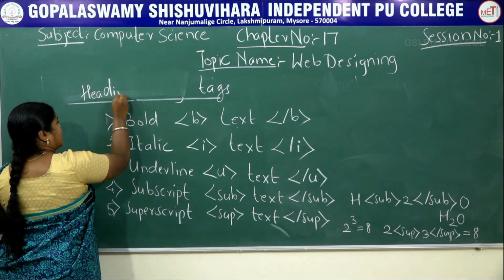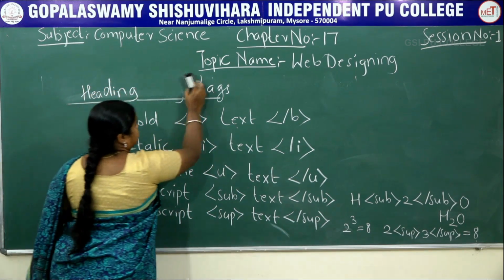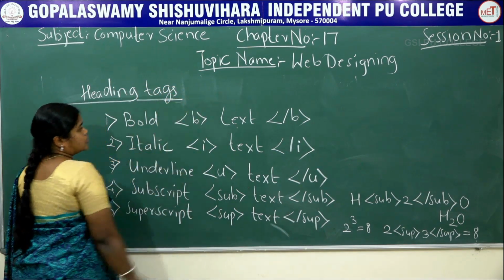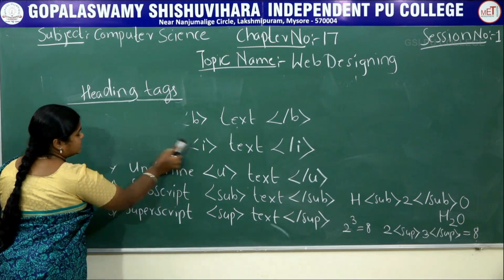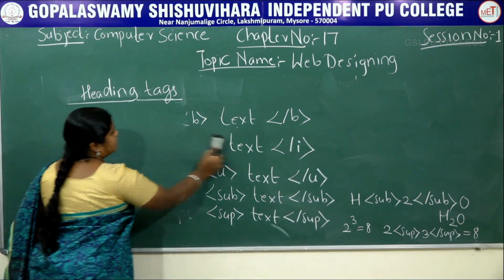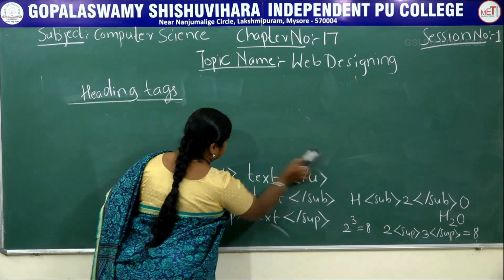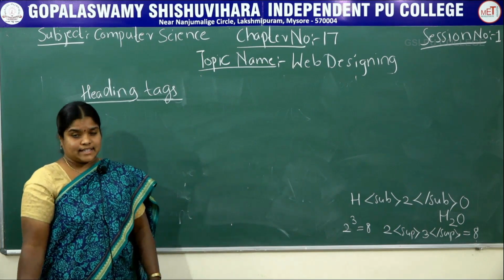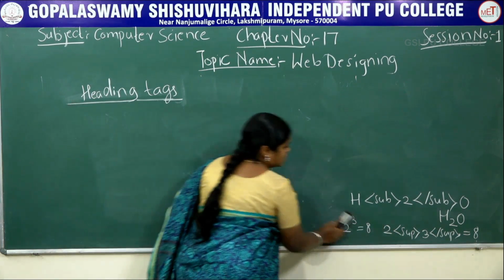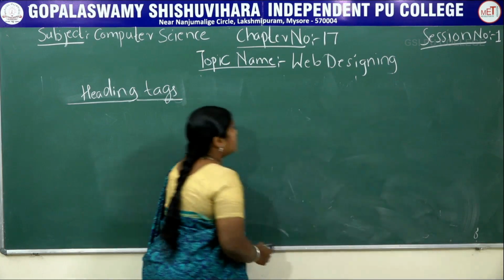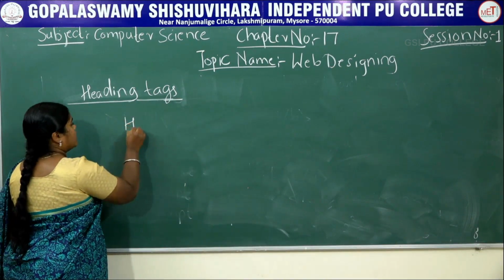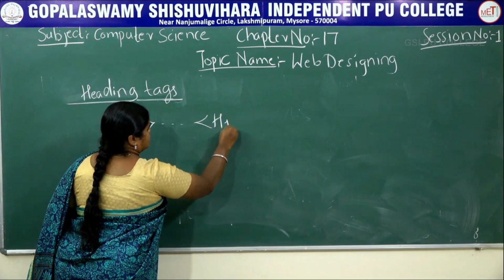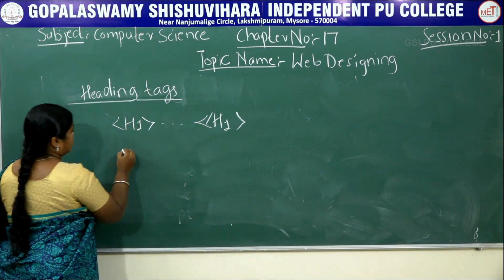Heading tags. In HTML there are some predefined tags available for heading. HTML provides the heading tags such as H1 till H6. The H1 tag will give the maximum font size while H6 gives the smallest font size. So we have the heading tags right from H1, specify the text, and this is the closing tag /H1.